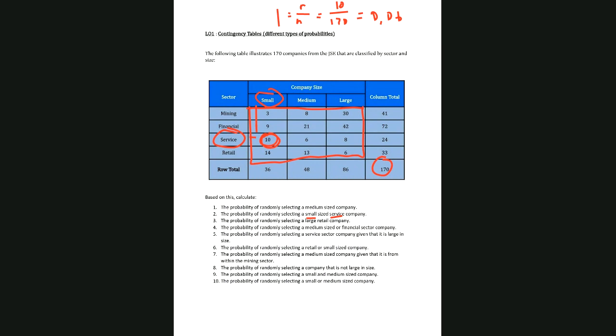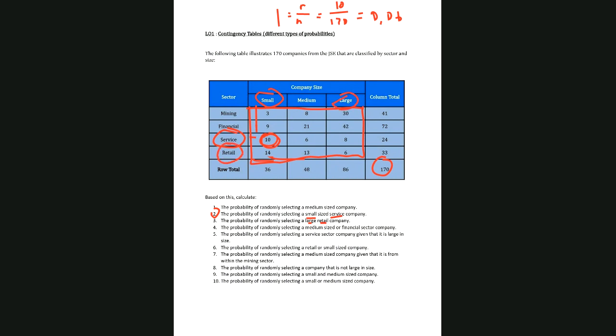Then you have in question 3, the probability of randomly selecting a large retail company. So again here, very similarly to question 2, we're working within this box. We have 2 variables given to us. It is large and it's from within the retail sector. So you have large and retail sector.